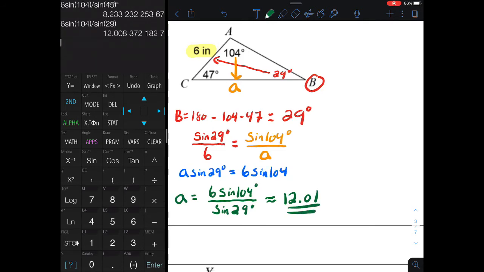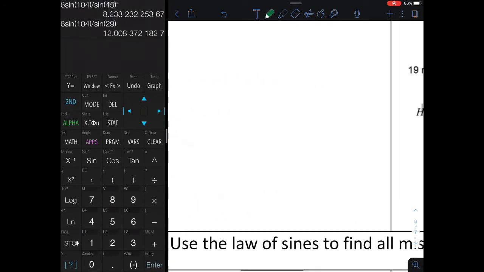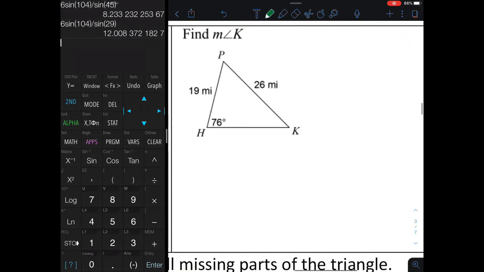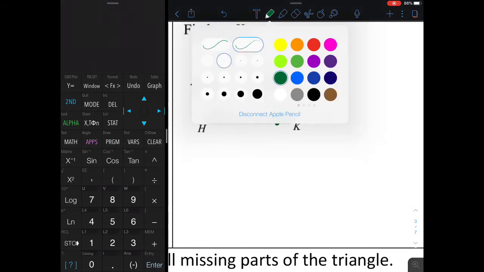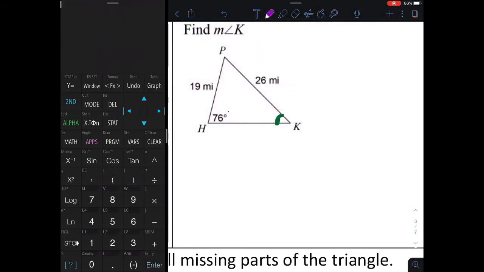All right, so there's using law of sines to solve for a particular side. Now let's look at an example where we want to find the measure of angle K. So angle K is right here. Now in this problem, we're given the measure of angle H and its opposite side.